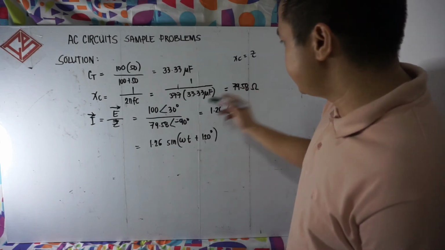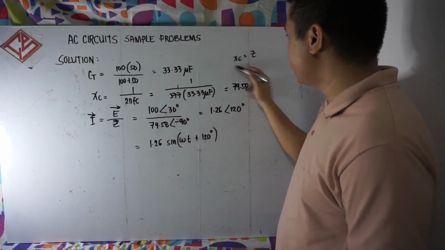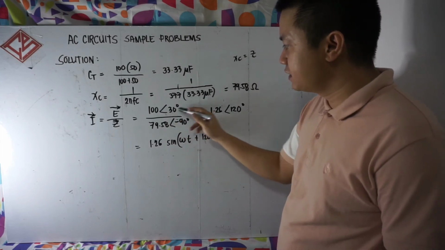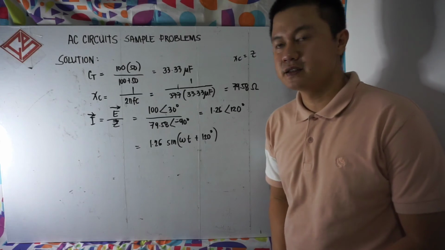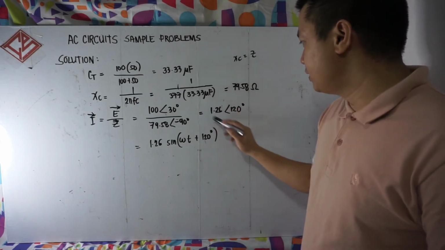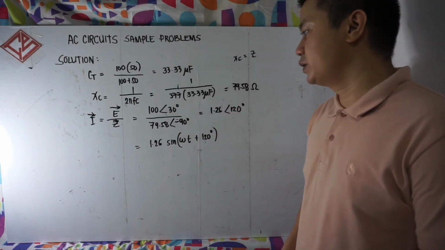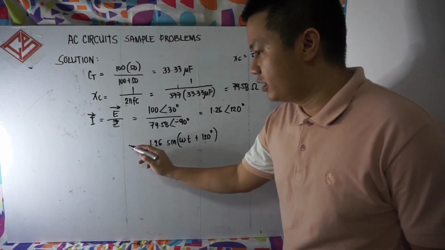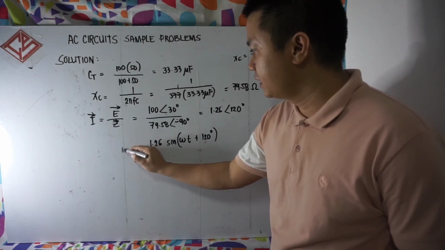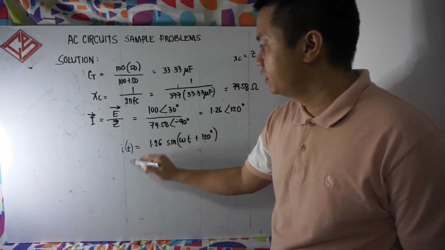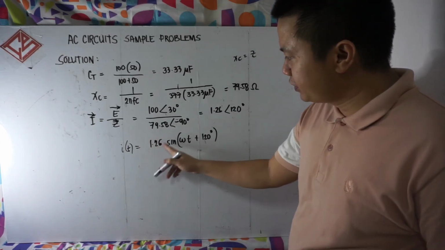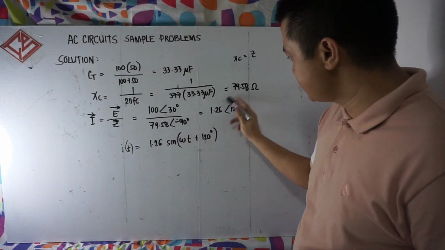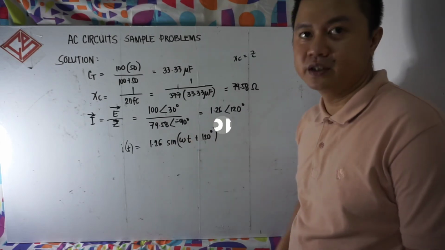The 79.58, since you have a capacitive reactance, is negative j 79.58 or angle of negative 90 degrees. So that will be equal to 1.26 angle of 120 degrees. So this is your i of t. So your i of t is equal to 1.26 sine omega t plus 120 degrees.